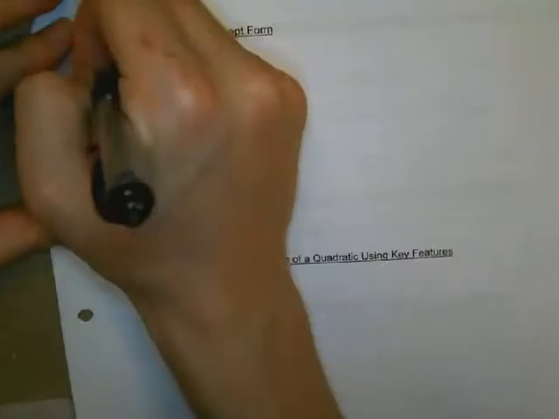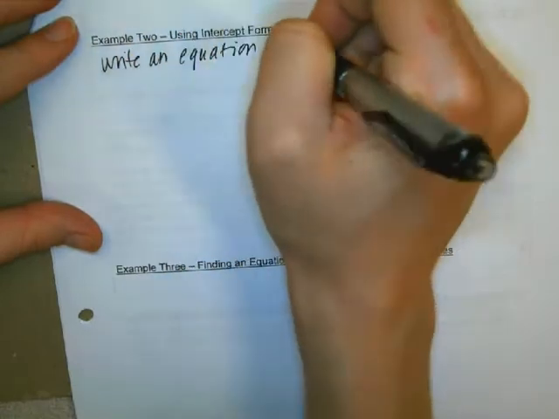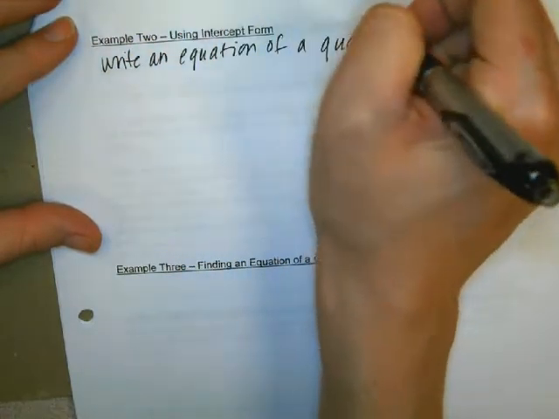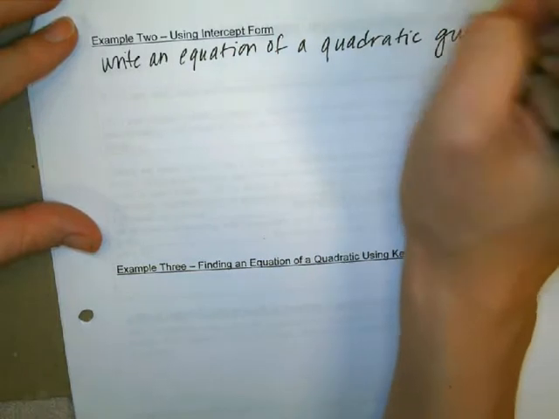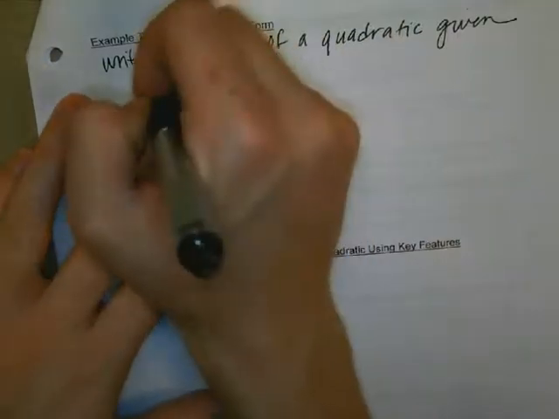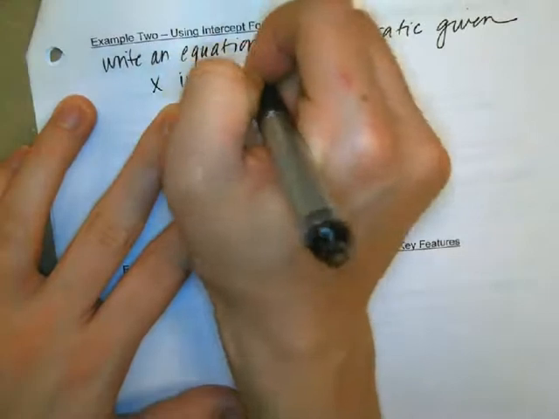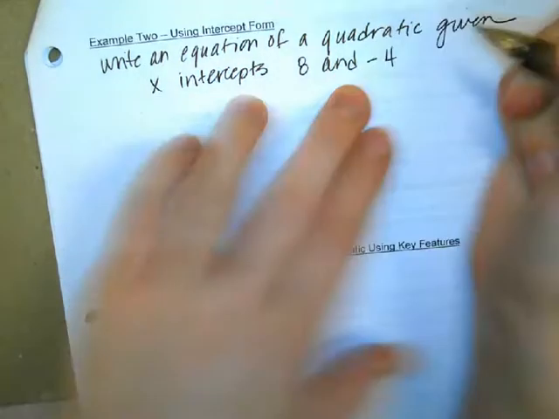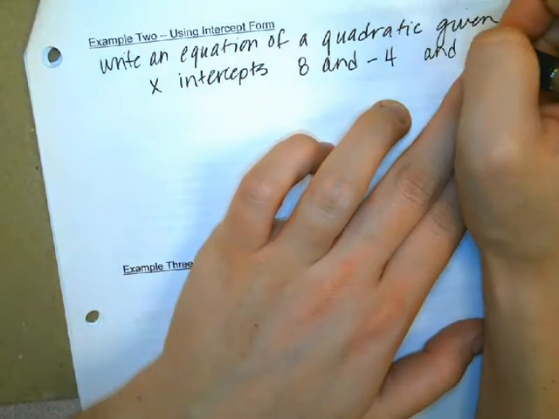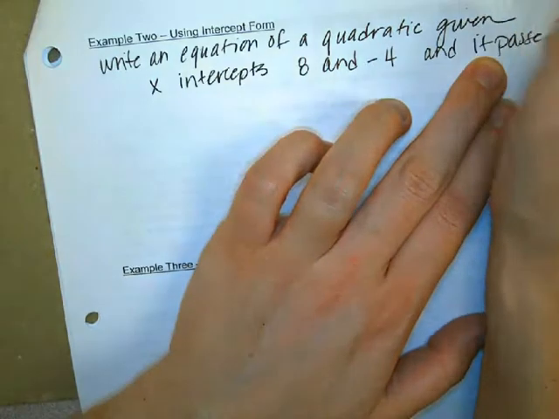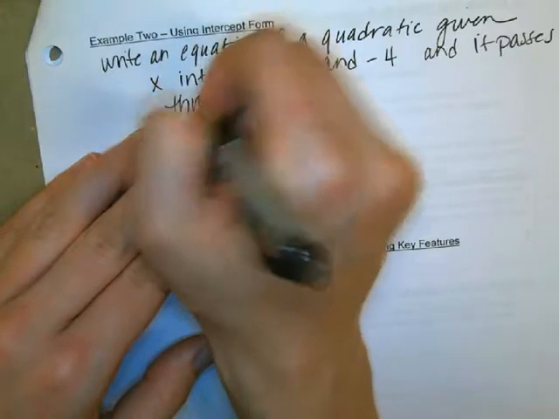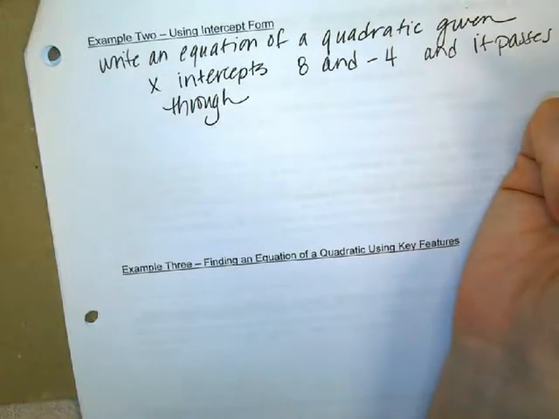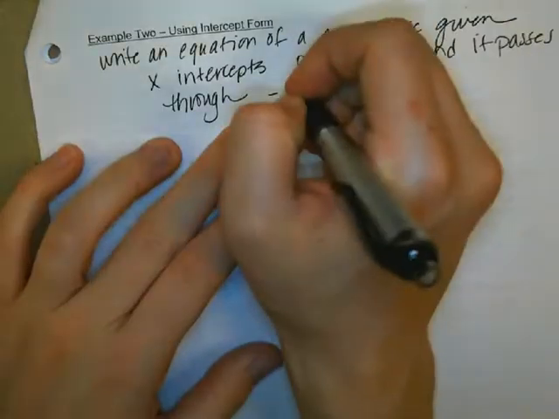So write an equation of a quadratic given the x-intercepts, I don't know, 8 and negative 4, and it passes through, let's say, (-1, 9).